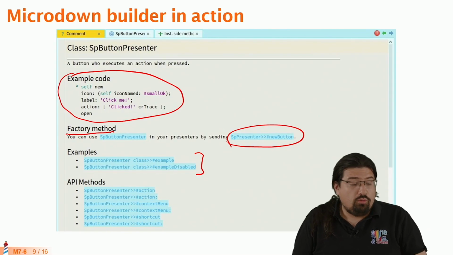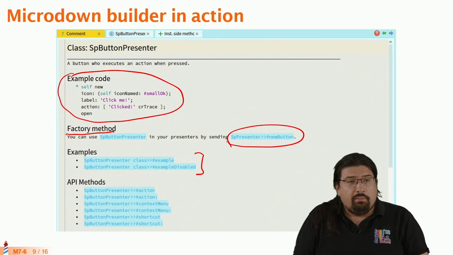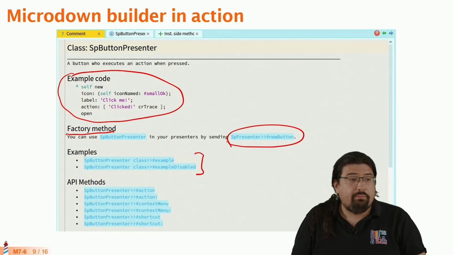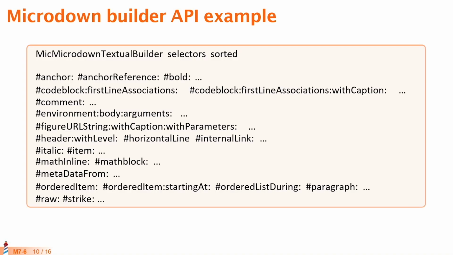Of course, this rich text model is backed by a graph of objects, but we don't want to create them by hand. So Microdown exposes a builder API that works in the same sense.